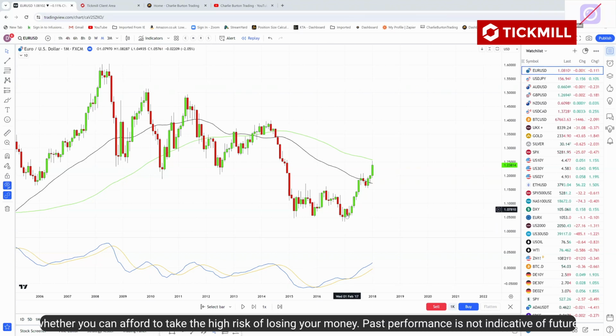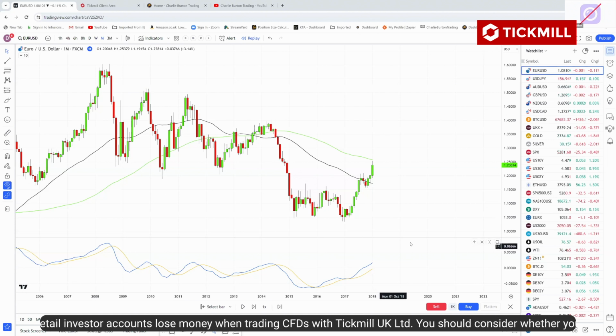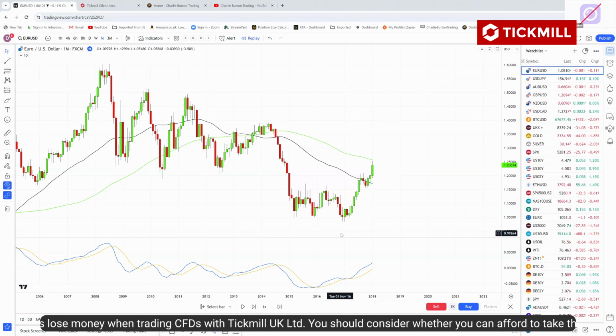So, like I've said, this is on a monthly chart, so I've got to wait. The euro made that low at 103.5 at the beginning of January in 2017. There was massive negative sentiment towards the euro dollar at that point. Everyone was calling for what? Parity at that stage.